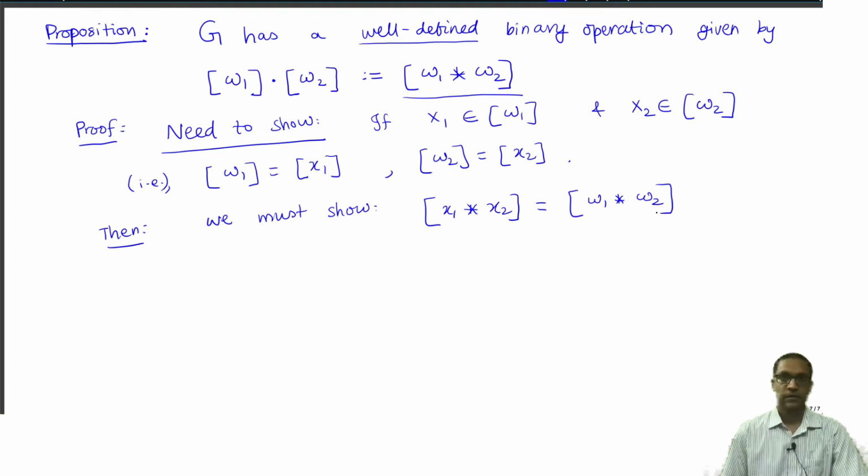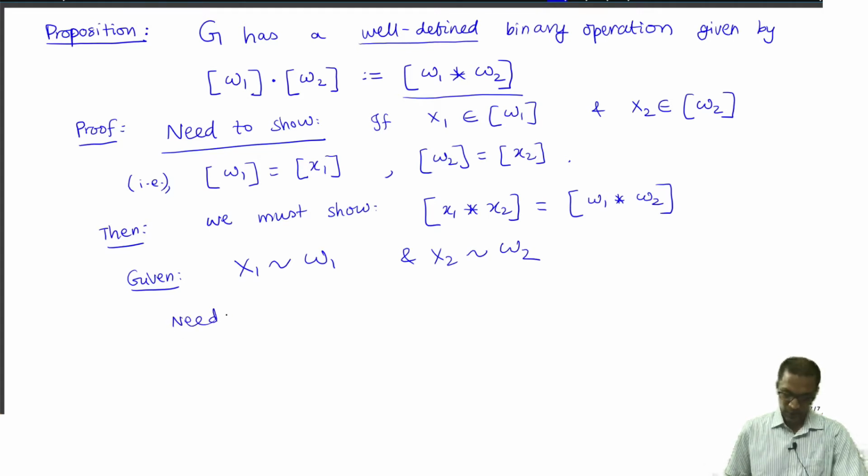Again, it comes about from the special way in which the equivalence relation was defined. So observe, what are we given? We are given that x1 and w1 are equivalent to each other, and x2 and w2 are equivalent.